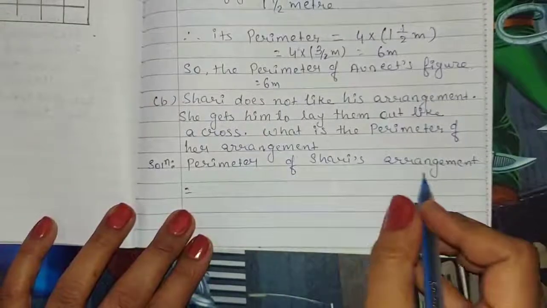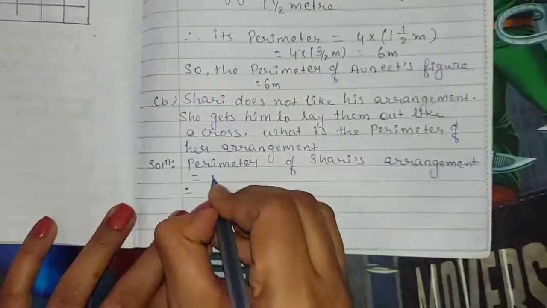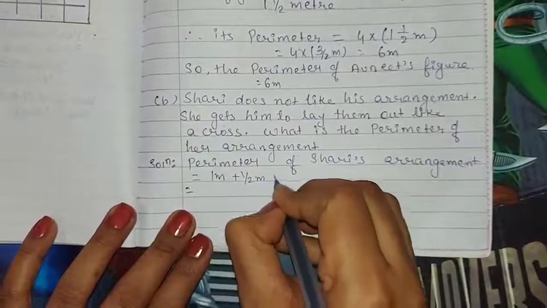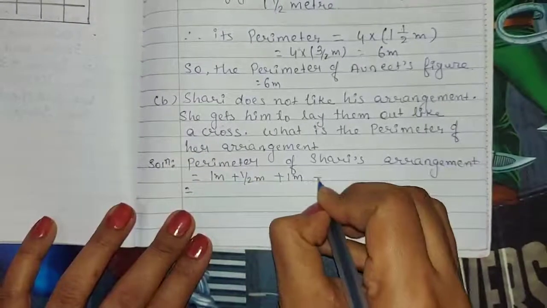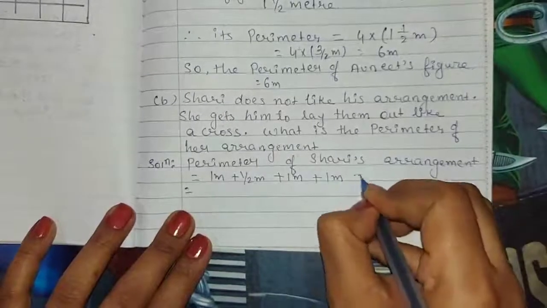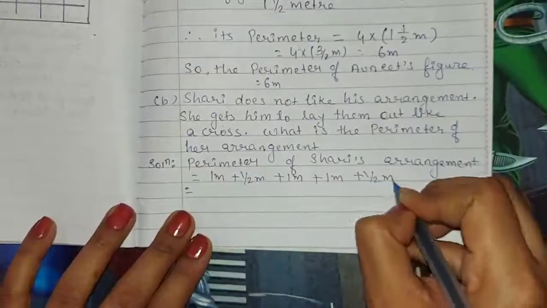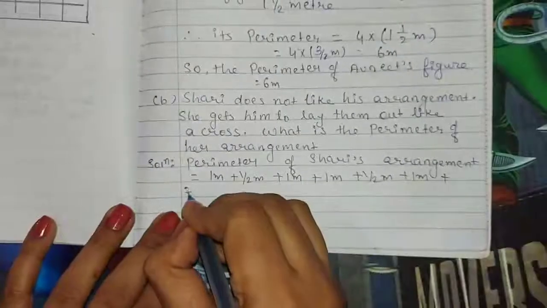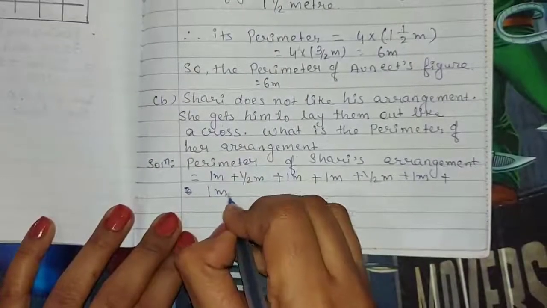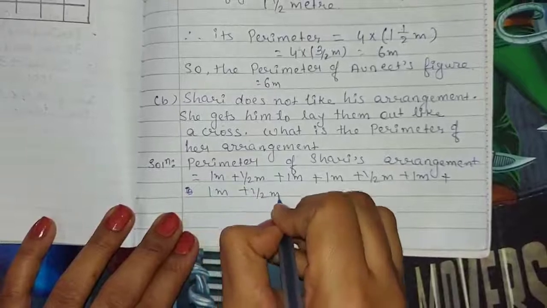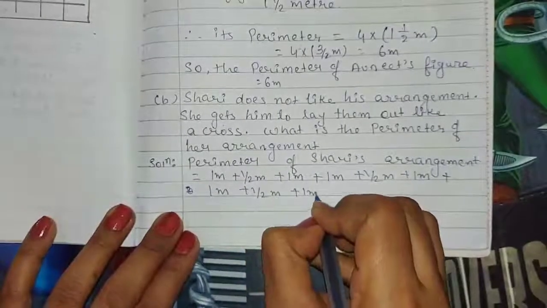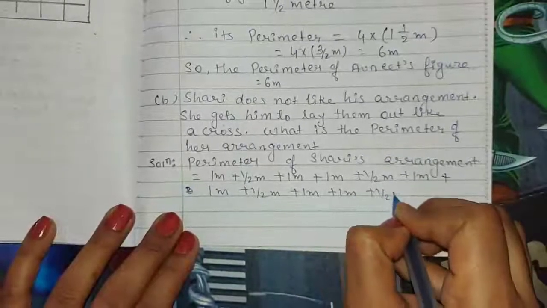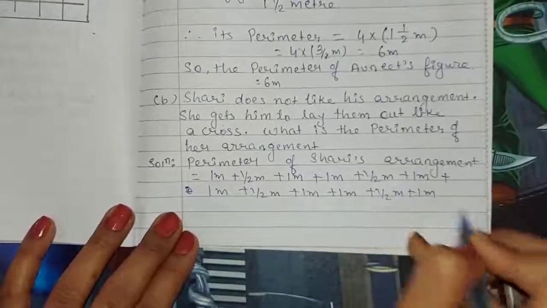The perimeter of Sherry's arrangement equals 1 meter plus half meter plus 1 meter plus 1 meter plus half meter plus 1 meter plus 1 meter plus half meter plus 1 meter plus 1 meter plus half meter plus 1 meter.